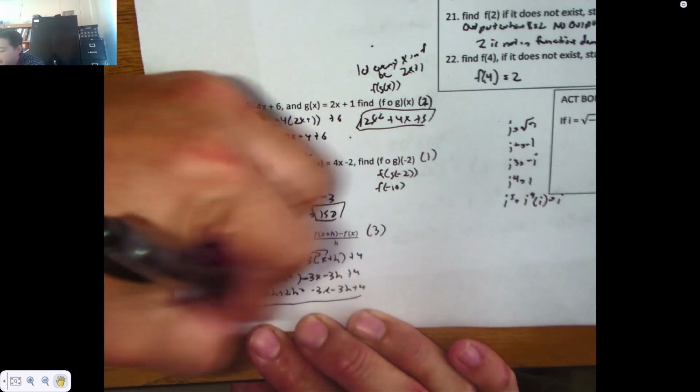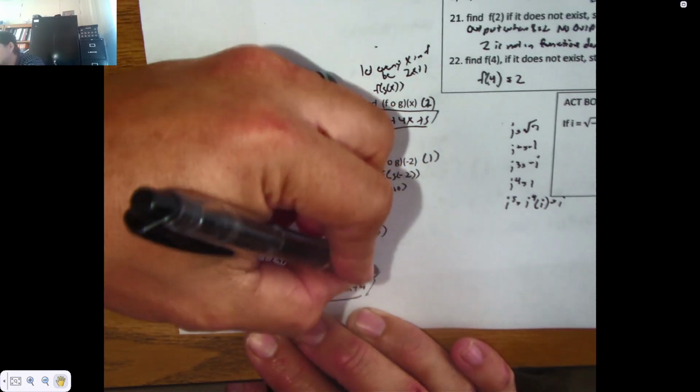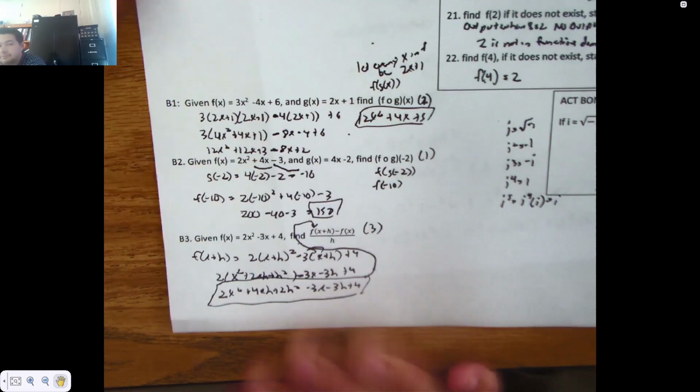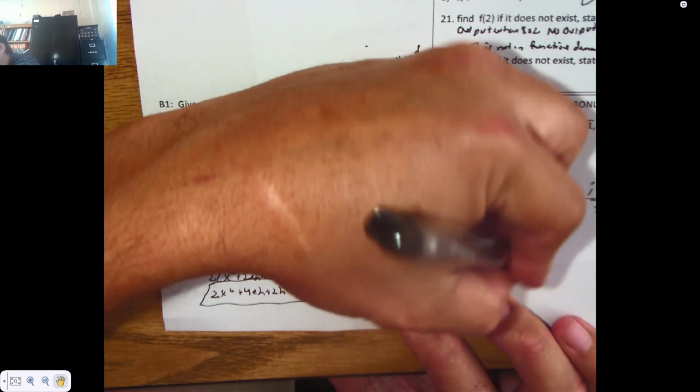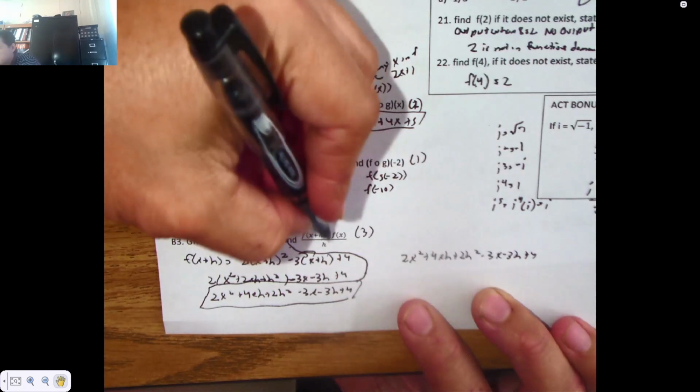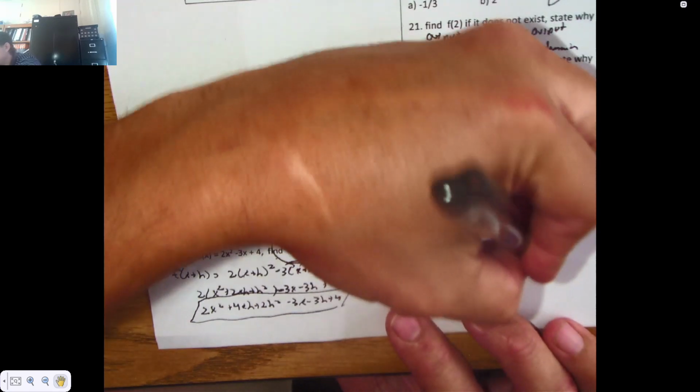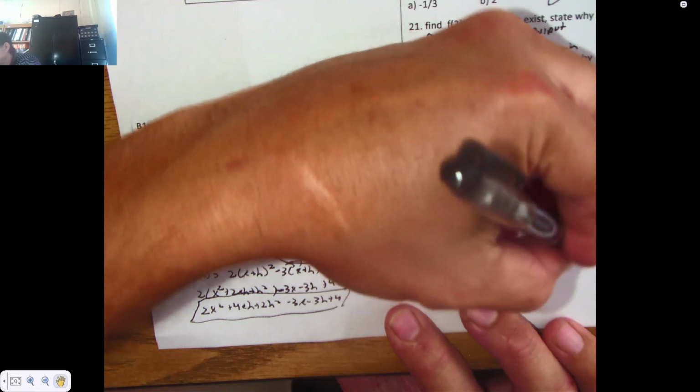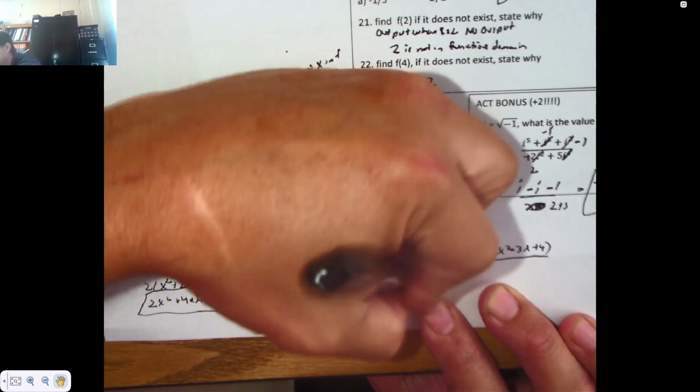And I can take all that and put it right there. That says minus f of x, so I have to take away the original function. And it's all sitting pretty over an h.